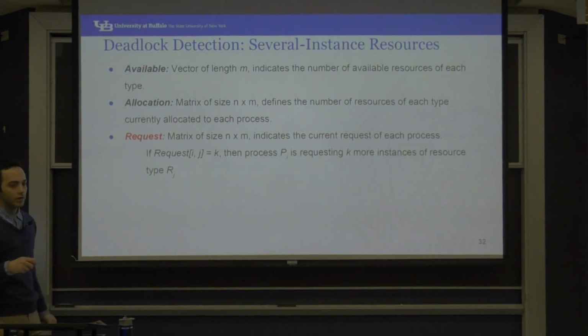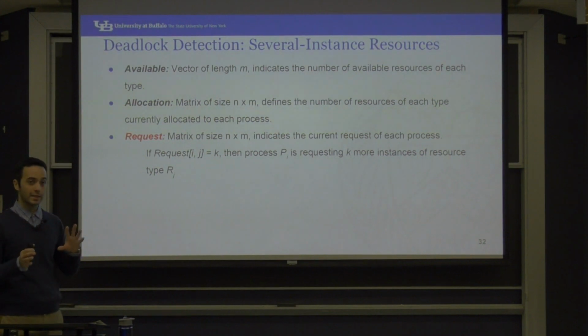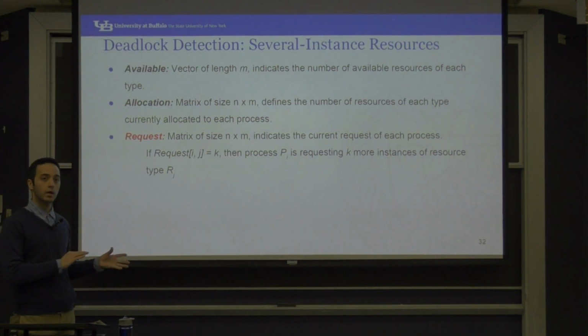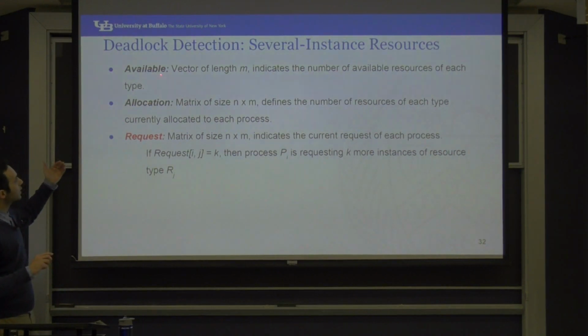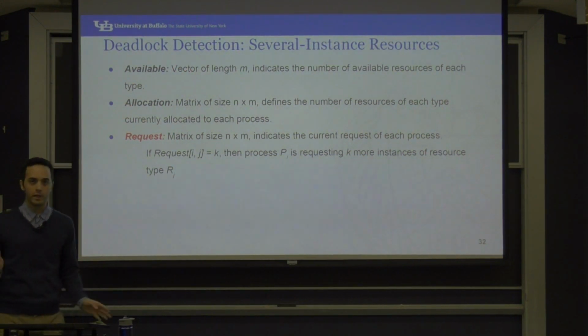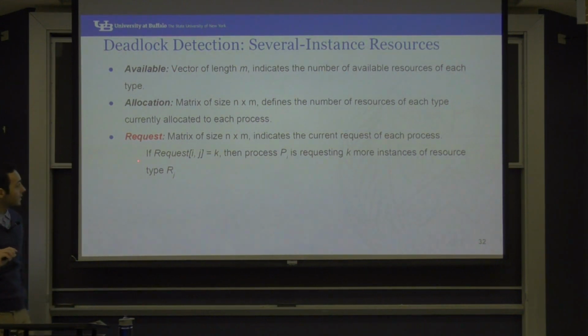which is useful for several instance resources, is similar to what we talked about in the banker's algorithm, but a little bit different. The available vector and the allocation matrix are the same. Request is different. The request is the current request of each process.